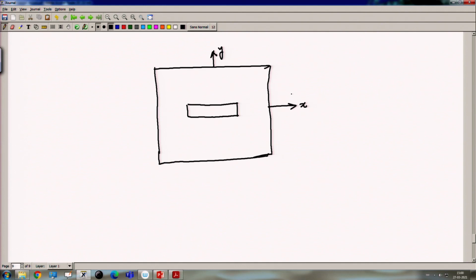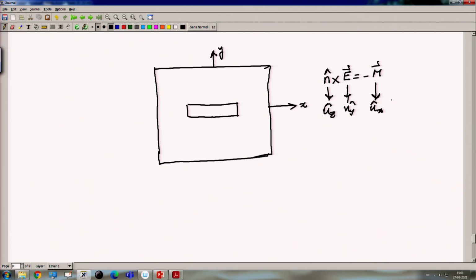So, because n cross E equals minus M, and n is directed along the z axis, which is normal upwards from the screen coming towards me, and E is along the y axis, z cross y gives the minus x direction. So, since it is minus M, M will be directed along the x axis.